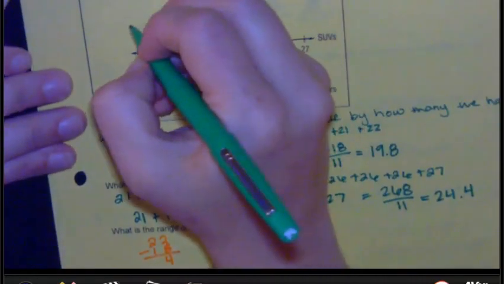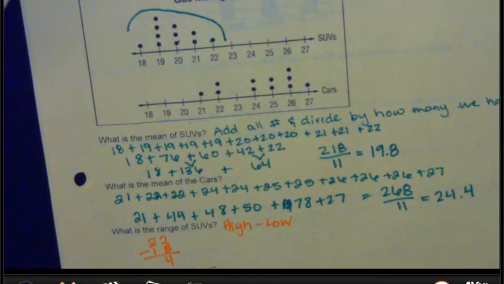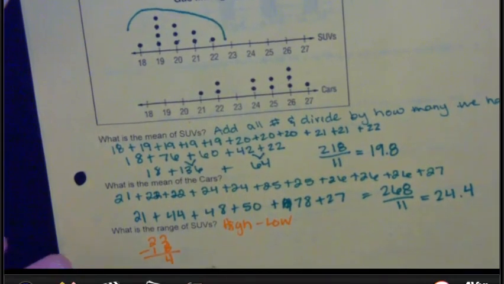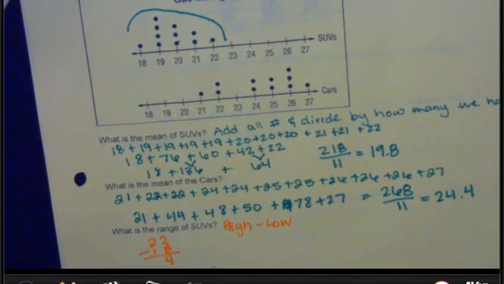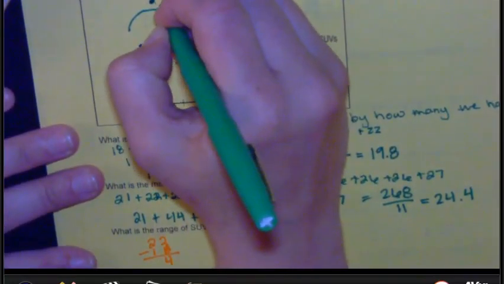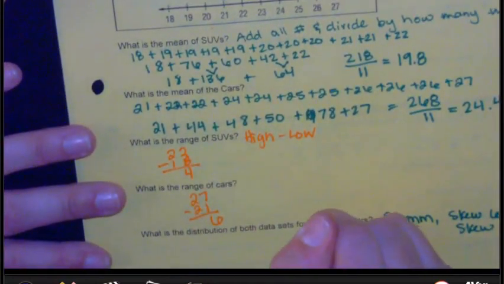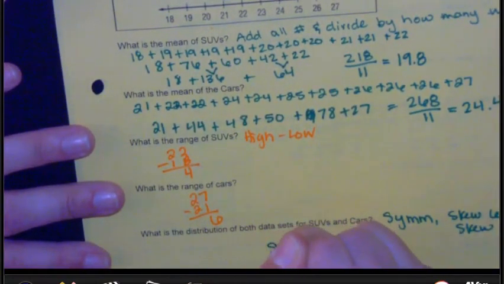Now, if I were to put a beautiful little blanket over all of this for our SUVs, I could see both symmetrical and I can see skewed left. But in general, I would go with skewed, or not symmetrical. If I put a ball up here, it's going to fall to the right. So I would say our SUVs would be skewed right.